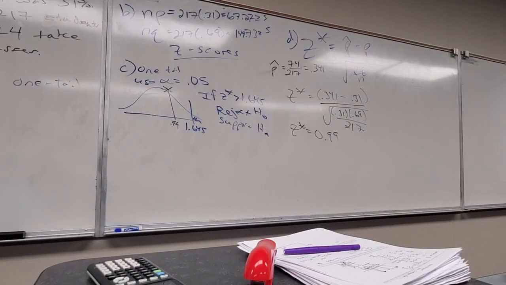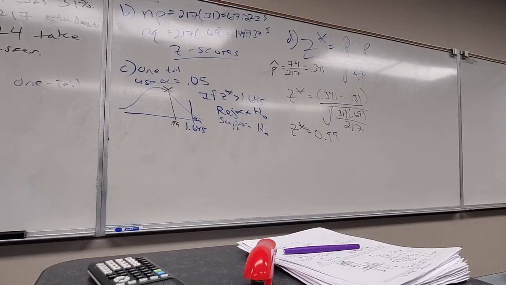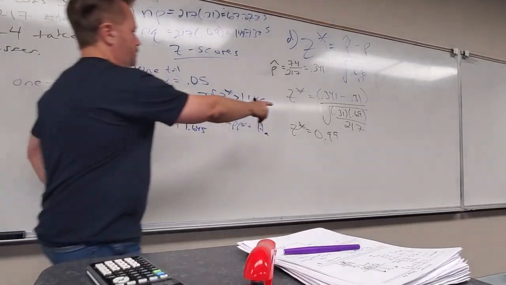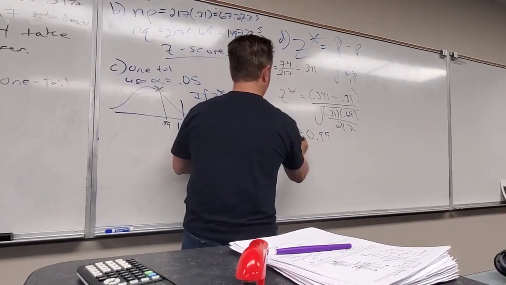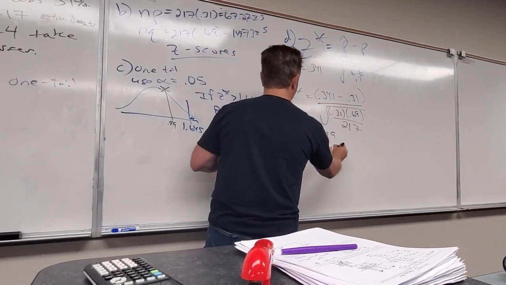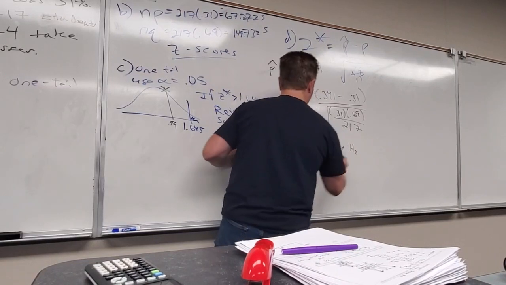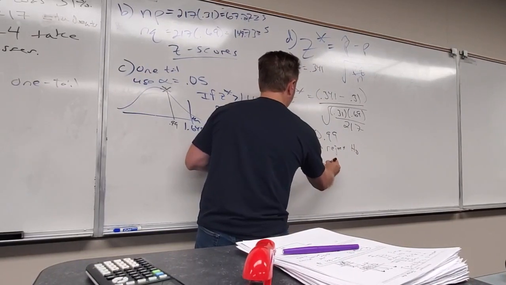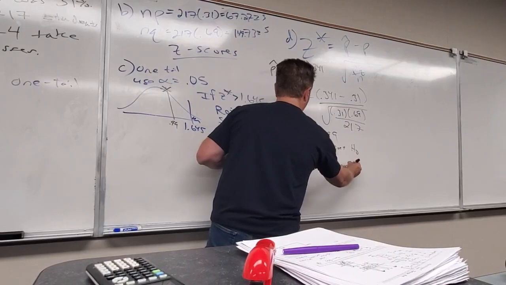But yeah, so our claim is this. So we were kind of hoping to reject this guy, and we didn't. So we fail to reject the null, and we fail to support the Ha.